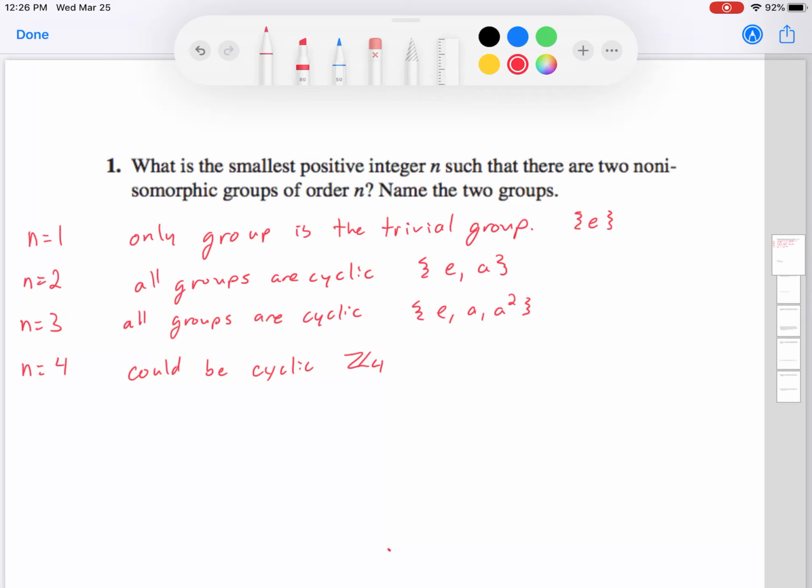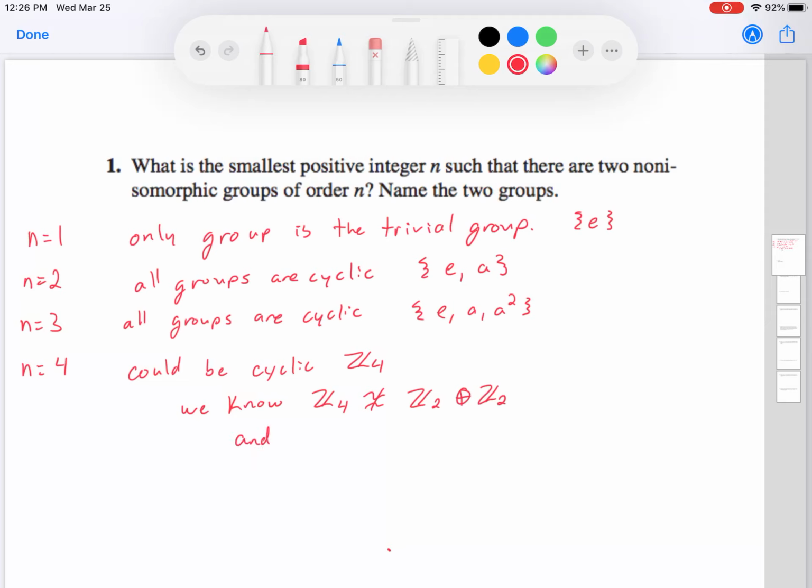Let's see if we can think of another group that would be order 4 that would not necessarily be cyclic. Well, we could use our external direct products. We know that Z4 is not isomorphic to Z2 external direct product Z2.